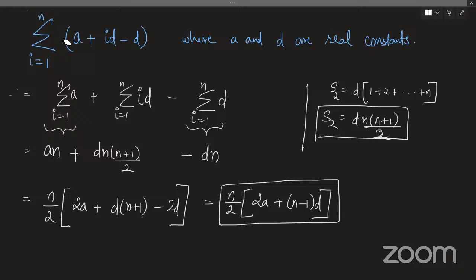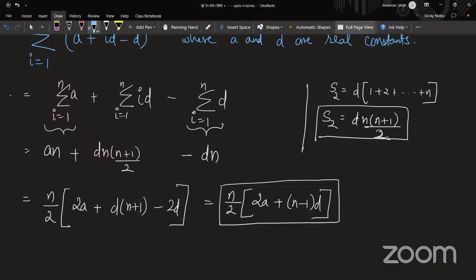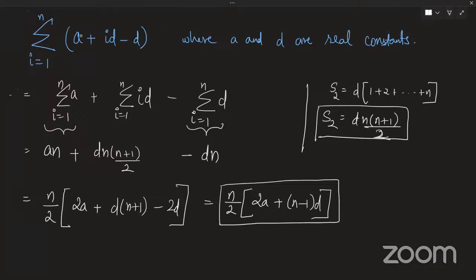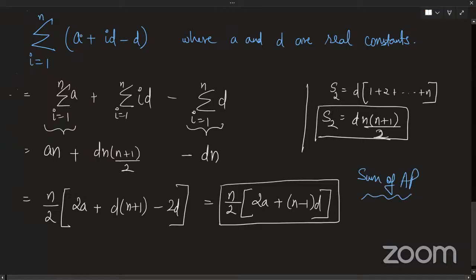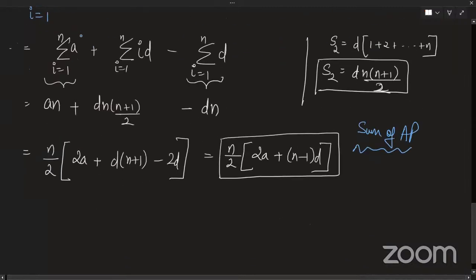So what is this thing? If you look clearly, what have we derived? Sum of AP. And if you realize, what was the term that I gave you inside? What is a plus id minus d? This can be written as a plus i minus 1 into d. What is this thing?